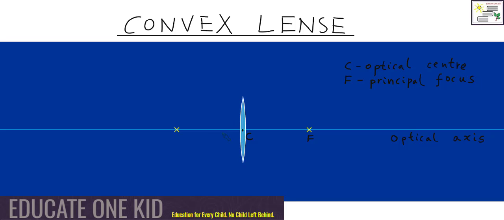There is actually another focus here on this side, and we give this point here the letter F and then a little dash. So this focus that we're calling F dash, this is what's called the secondary focus.